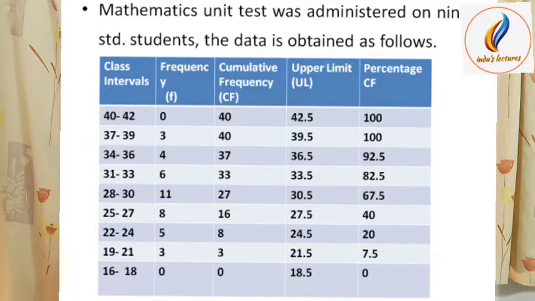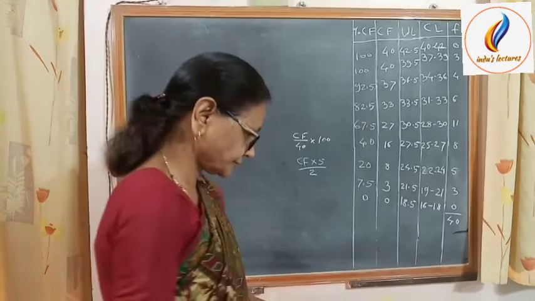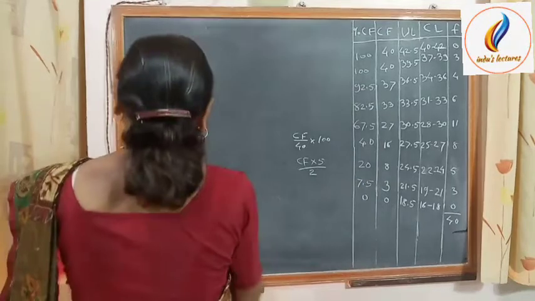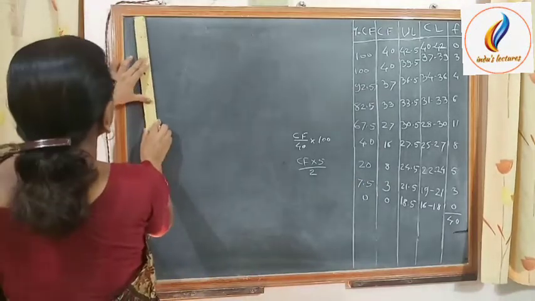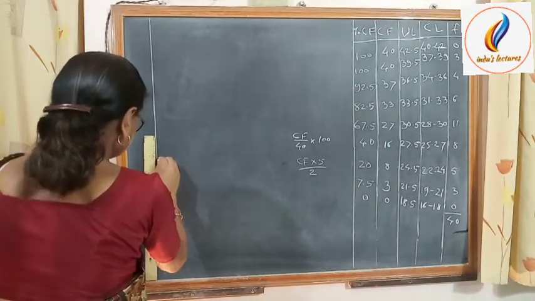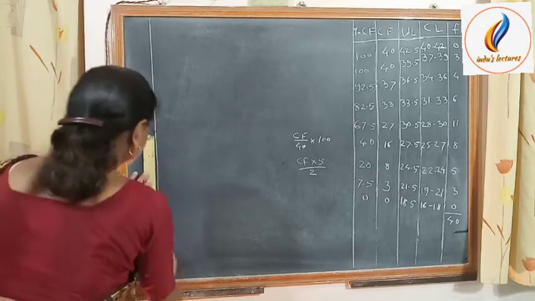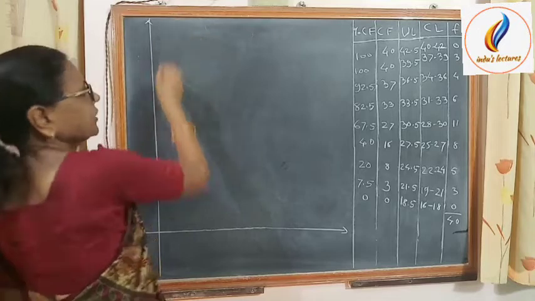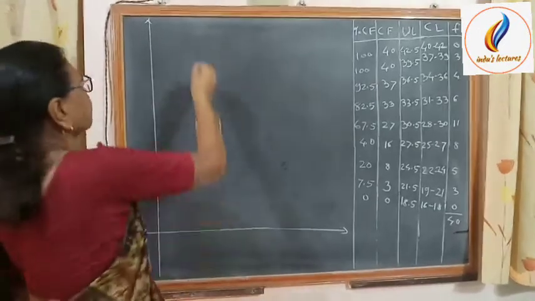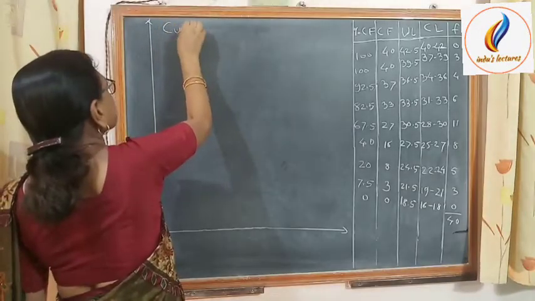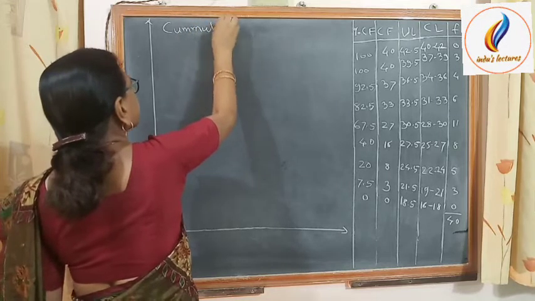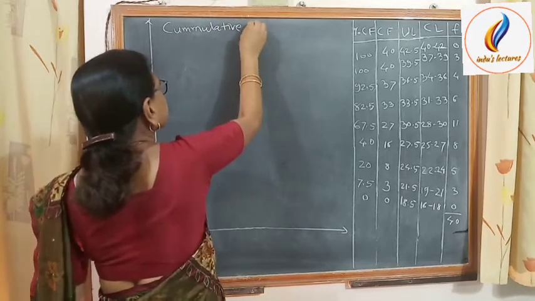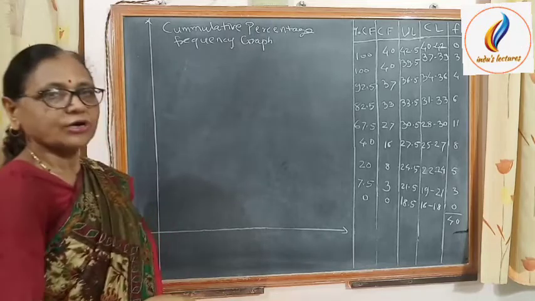So draw the coordinate axes. Write the title of the graph, cumulative percentage frequency graph. It is also called OGIVE.